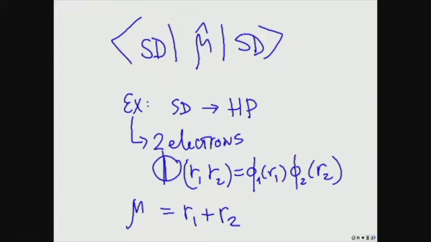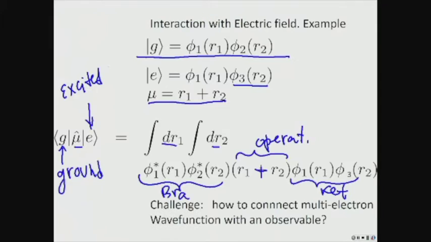So we simplify our multi-electron operator by a summation of position operators, and we simplify our multi-electron wave function by the Hartree product. And then we are looking for the matrix element between ground and excited.